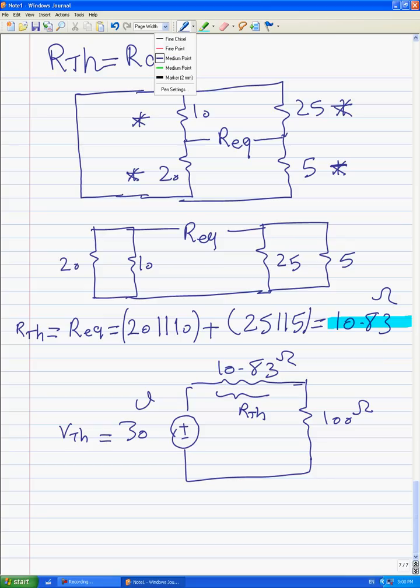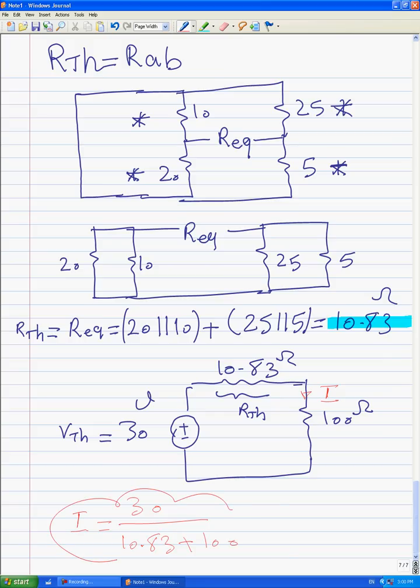And the final goal was this current I. Immediately we can say this current is equal to this voltage 30 divided by this resistor and this resistor which are connected together in series, 10.83 plus 100. This is the final answer for current.